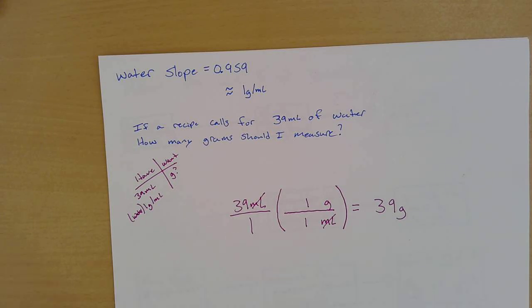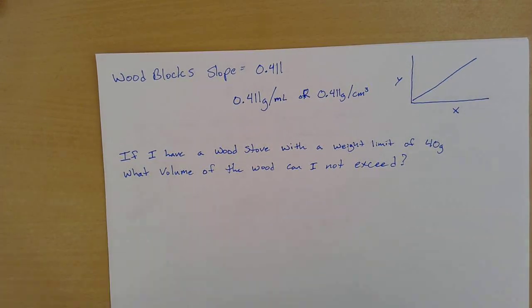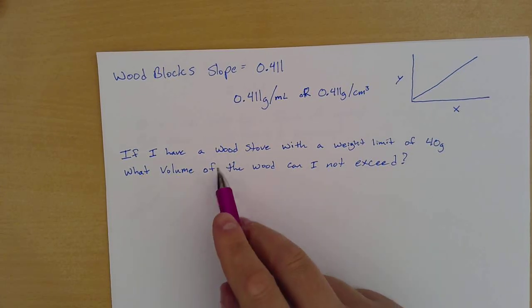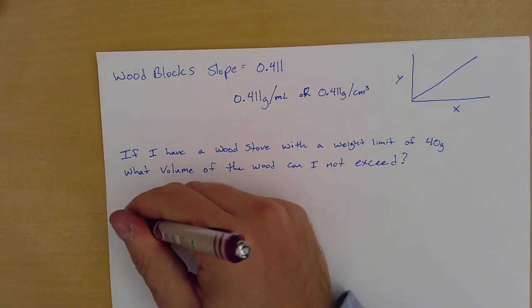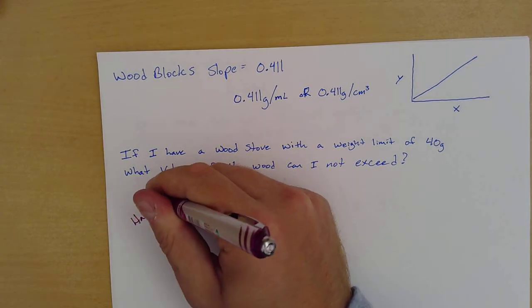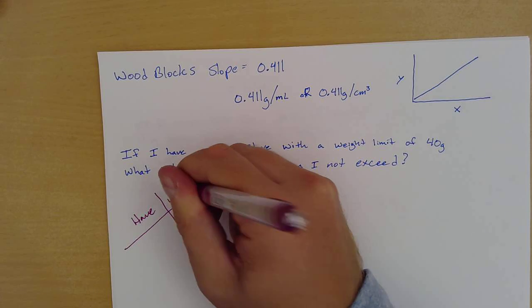Now let's try this again, but with a little bit of a challenging one. So we have wood blocks now. So if I have a wood stove with a weight limit of 40 grams, I can't put more than 40 grams of logs in this wood stove. You can do this if you like.